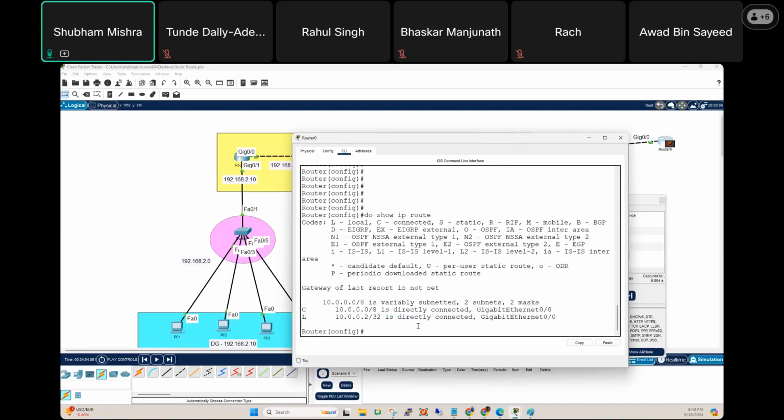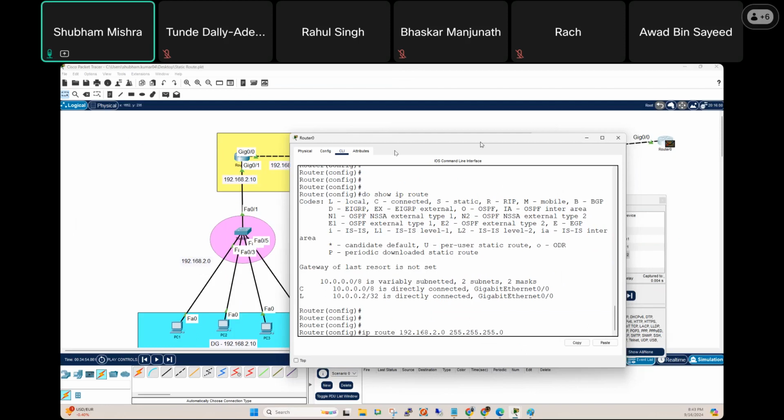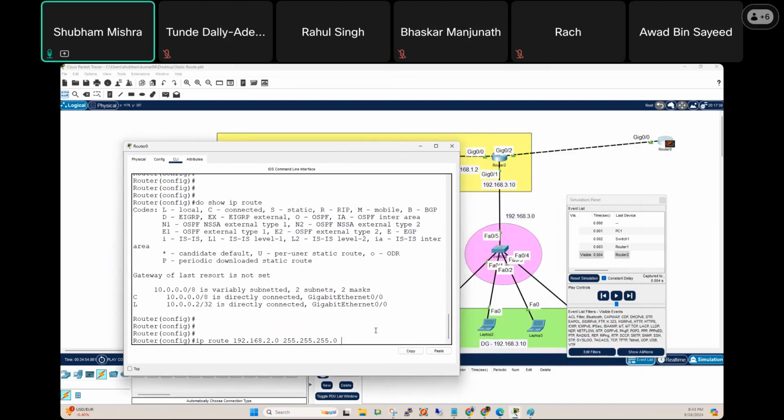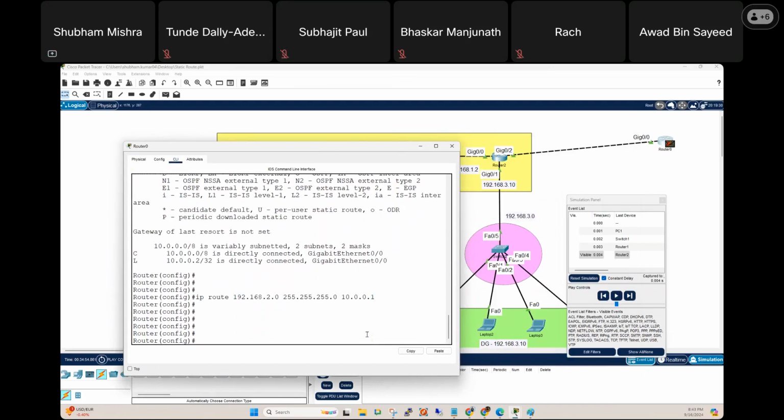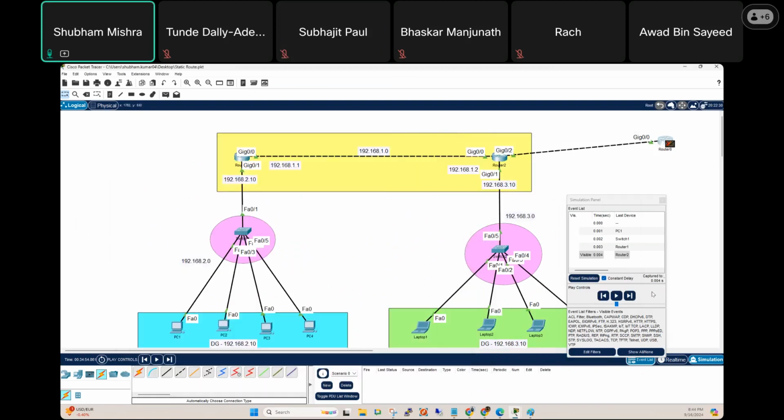So what you need to do is configure ip route 192.168.2.0 255.255.255.0 and the next hop. Guys, for this router, what is the next hop? This will be 10.0.0.1. So I provide the static route here on this router. Getting my point? Yes or no?